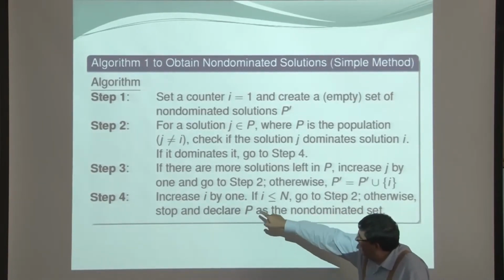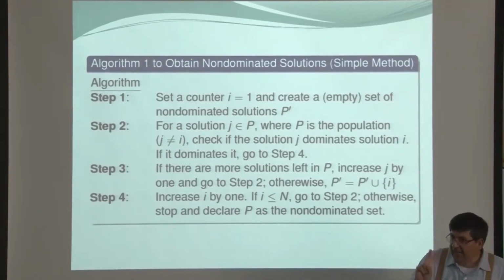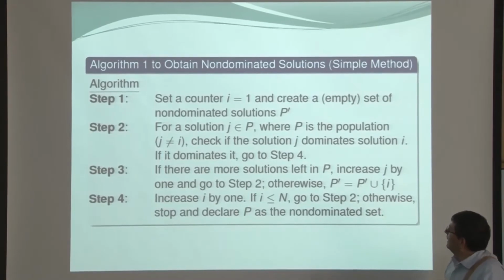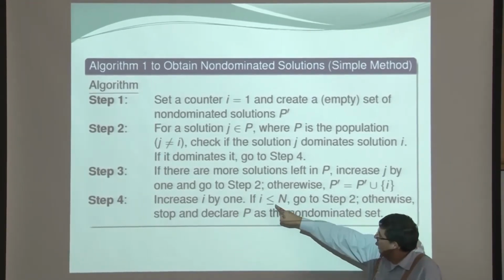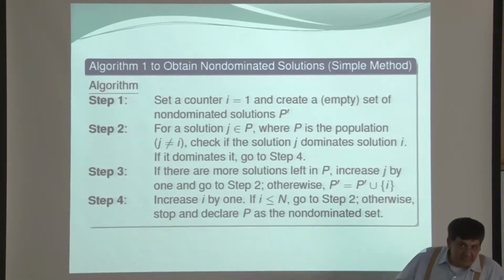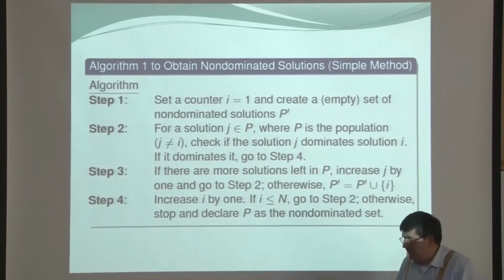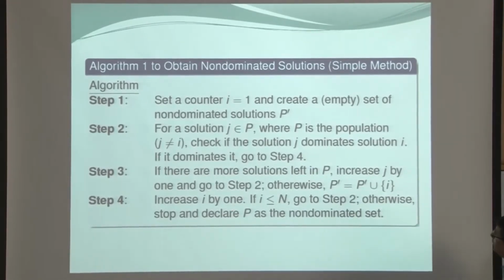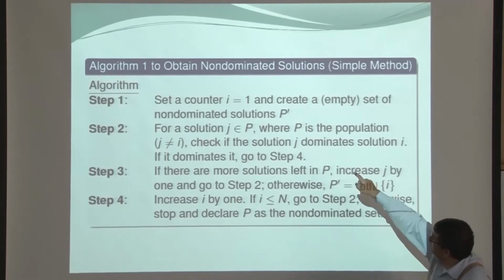Now we increase I by 1. So now I is 2. And we check if I is less or equal than n. N is 10 because we have 10 solutions. We still have to go. And we go back to step 2.